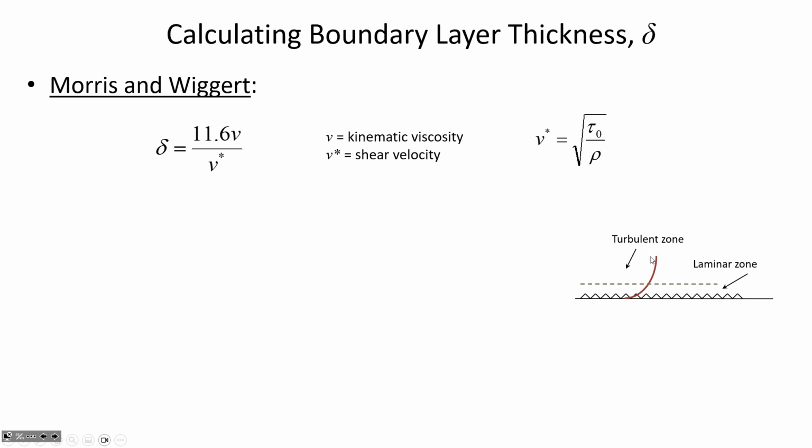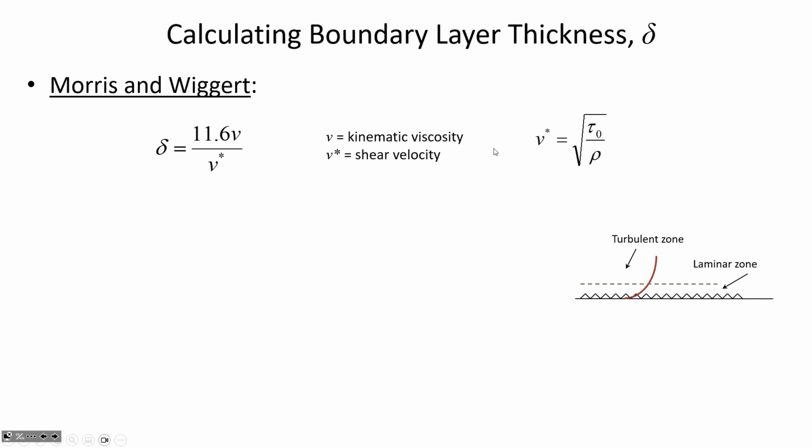There are a couple of equations and techniques that have been developed to estimate the thickness of the boundary layer, and Morris and Wiggert suggested that if we knew the shear velocity of the fluid and the fluid's kinematic viscosity, that you could calculate the boundary layer thickness this way. So they empirically observed the thickness of the boundary layer relating those two terms.